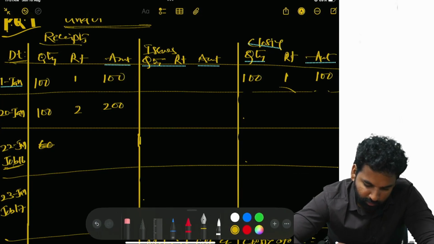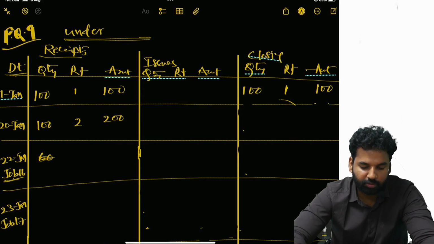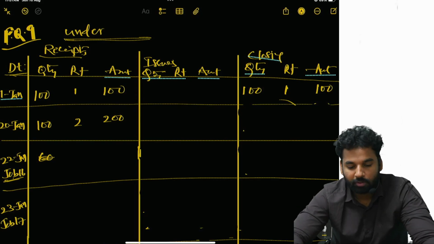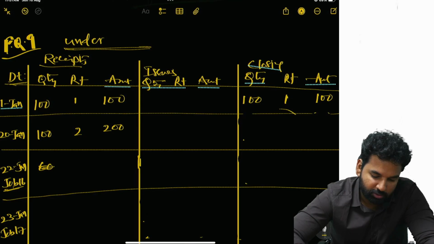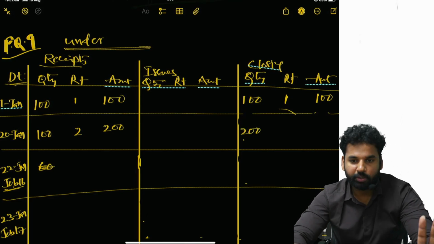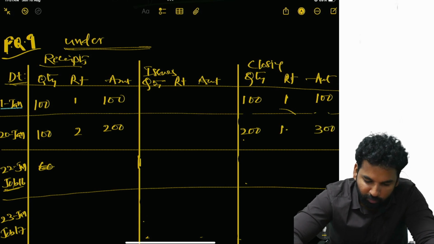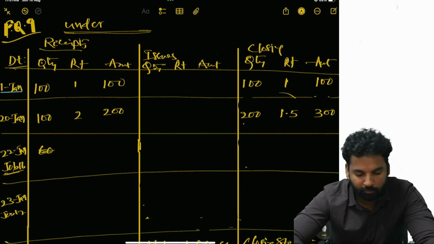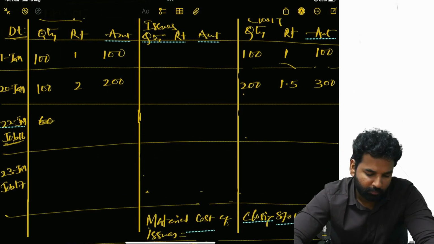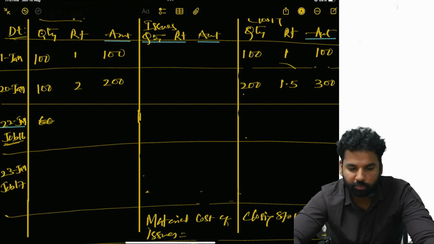Okay, so now tell me, after the second purchase on 20th Jan, what will be the cost? Balance 200 units, correct? 100 plus 100, 200. Total amount will be 100 plus 200, 300. Then what will be the cost? 1.5. Okay. 300 divided by 200, you are getting 1.5.